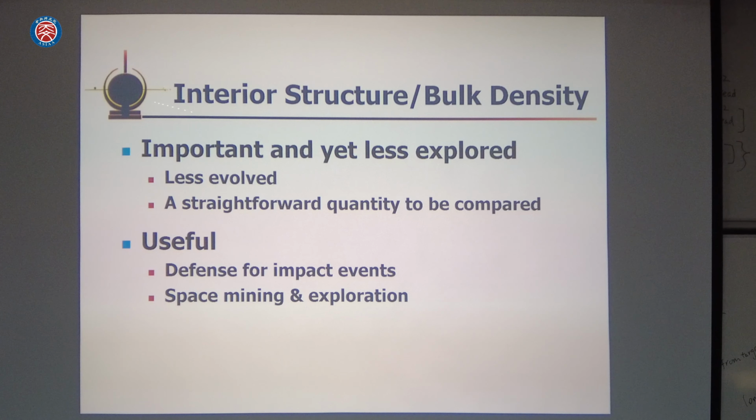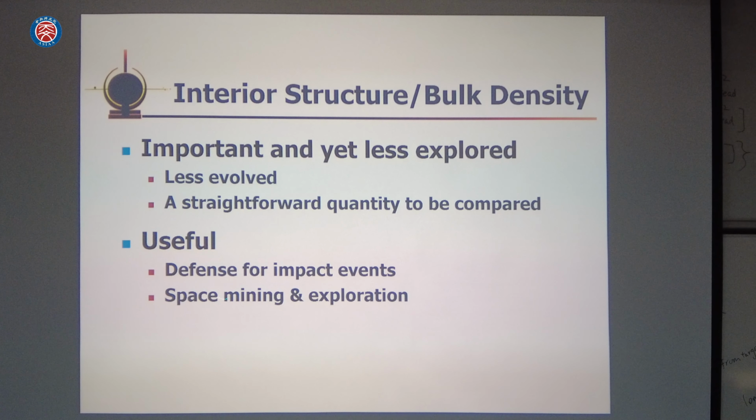Why is interior structure important? Because we believe it's less evolved, which means it preserves more primitive information from the early stage. So it's a very straightforward quantity to compare between different asteroid or moving object groups. It's also very useful. As we know, some gifts fall from heaven, but turn out to be a disaster.